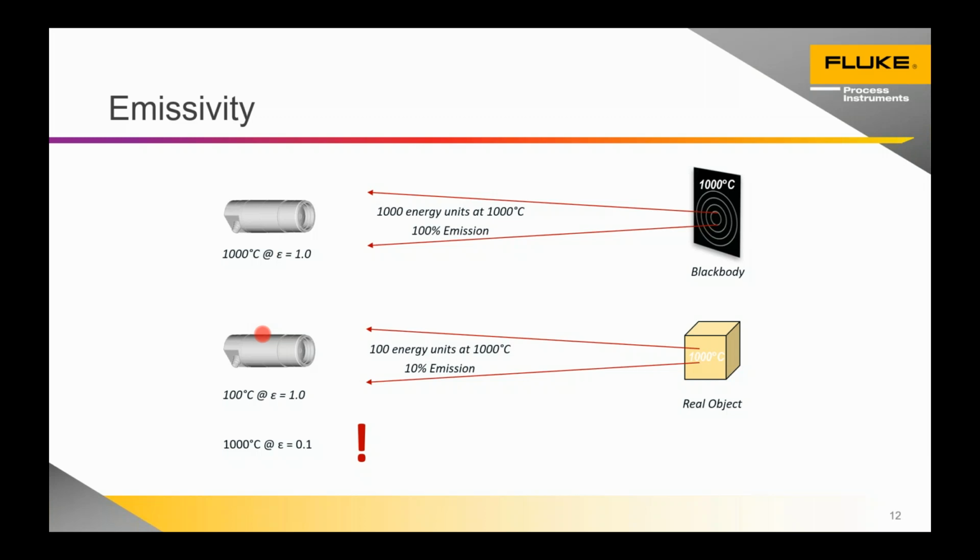You don't need to be close to an object to measure it. There is a very small loss in energy as a function of distance. We already minimize that because we're looking through the air. It tends to be the further you are away, the larger the spot size that you measure, and that keeps your watts per square meter constant.